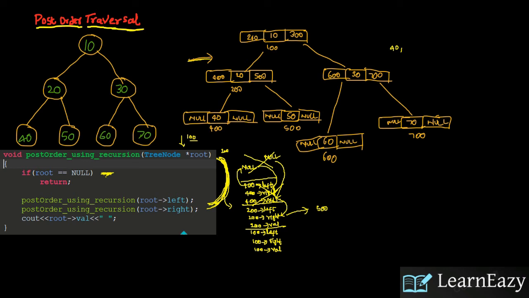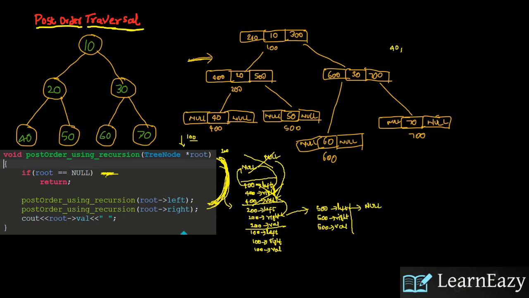So 500 not equals to null, then 500 left, 500 right, 500 value. 500 left, again will pass it to this function. 500 left, nothing but null.